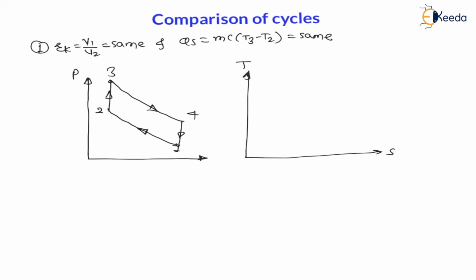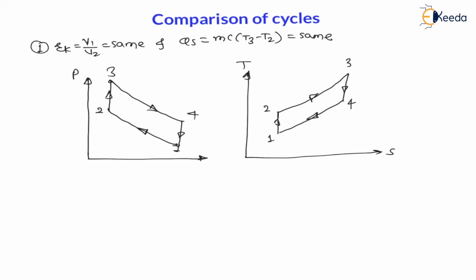If I draw the TS diagram, 1 to 2 is reversible adiabatic, meaning isentropic compression, then constant volume heat supply to 3, then reversible adiabatic, meaning isentropic expansion, to 4, and constant volume heat rejection back to 1, right? This is the Otto cycle.